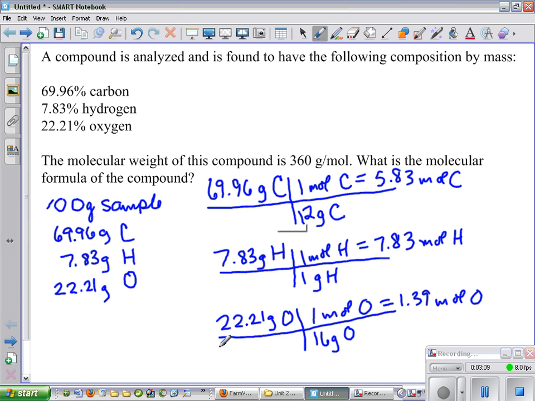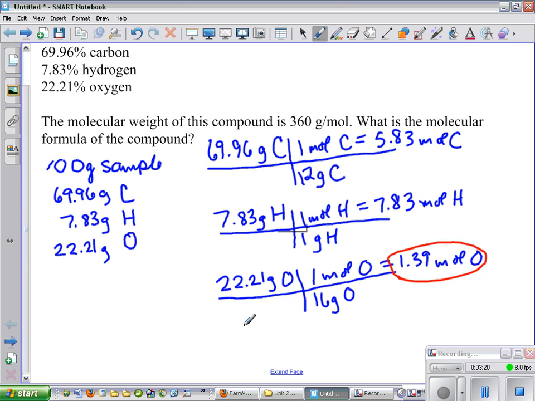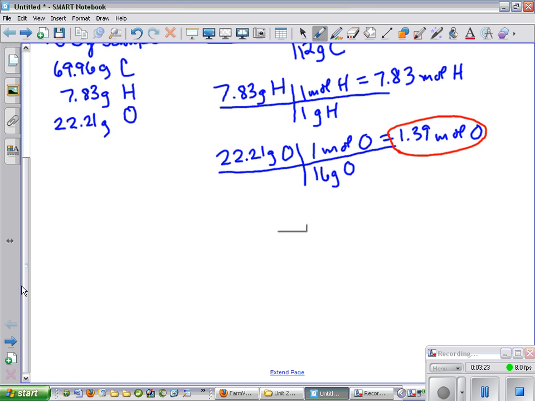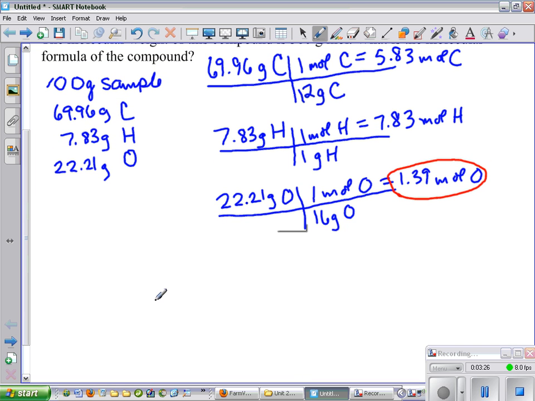So we have 3 quantities here in terms of moles, and we're going to look at the 3 numbers. The lowest number among these is 1.39 moles of oxygen. So we're going to use that to find the mole ratio for each of them. So for carbon, we have 5.83 divided by 1.39, which gives us 4.2.